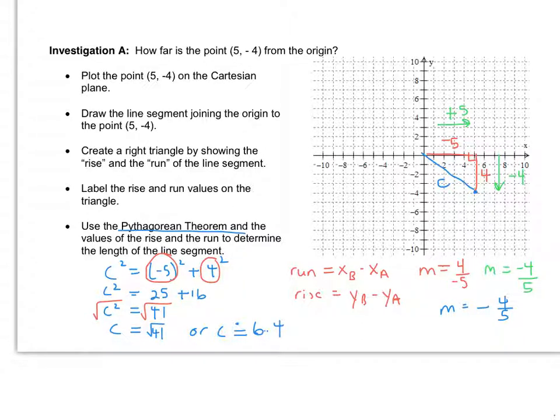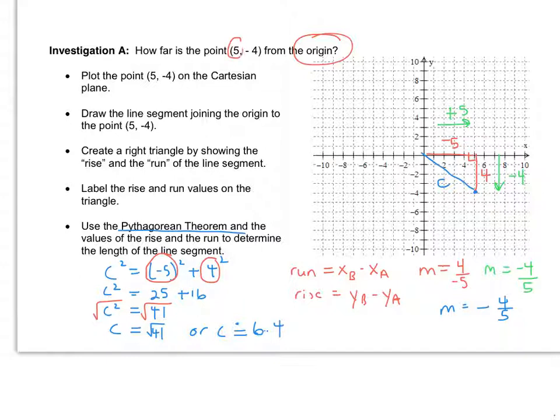Another thing to note is that when we square a negative, we're always going to get a positive value. So it really doesn't matter whether we put the negative with the 4 or put the negative with the 5, or if we actually made both of them negatives or both of them positives. But an easy way to do this when you're working with a point and the origin, the key is it would have to be origin.